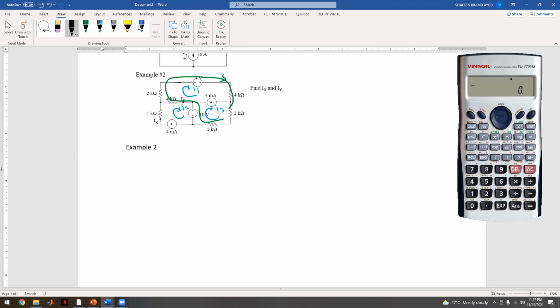So for the super mesh, we start with 4K.